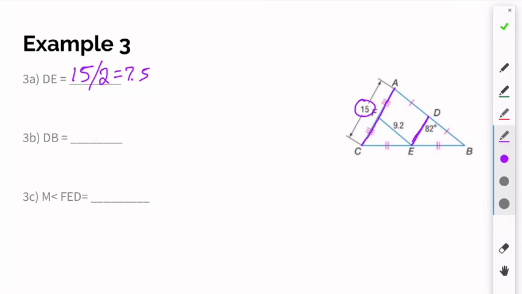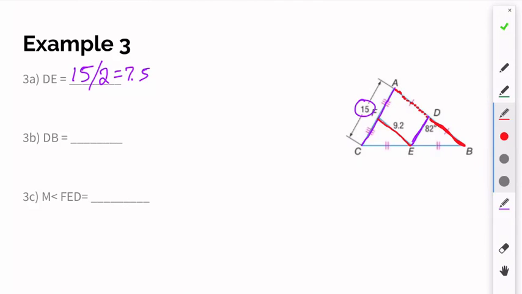Okay, the next thing they want to know is side DB. So for DB, I'll do this in a different color here. We're looking for this red section right here, DB. Well, we know something about the parallel line to this. The parallel line to this full thing, and I'm just going to extend this out by a dotted line here, is going to be this guy, FE, which is 9.2.